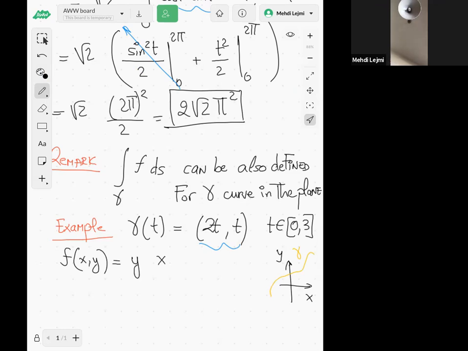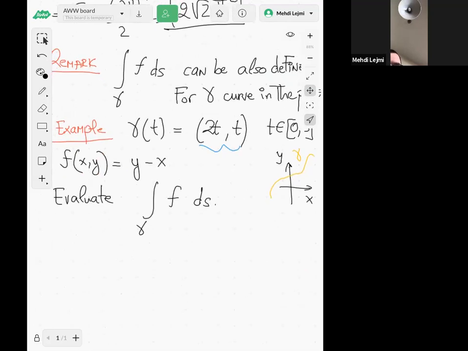And so you want to evaluate f along gamma. Then you do the same thing, but just with two variables instead of three. First, you're going to need the length of gamma prime. Gamma of t is (2t, t), so gamma prime of t is (2, 1).